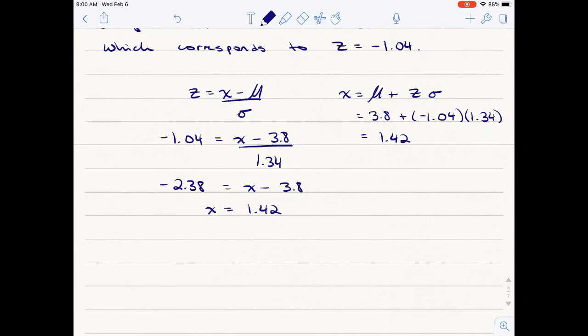The second equation doesn't make 1.42, it makes 2.41. Oh, did I really? Let's see here. Negative 1.04 times 1.34 is, 0.8. Oh, you're so right.